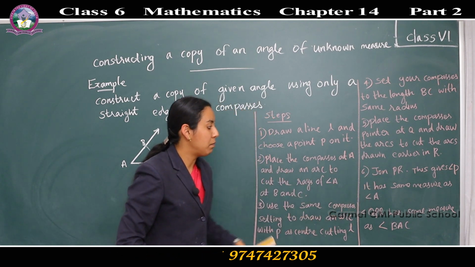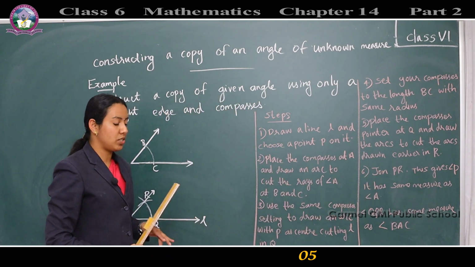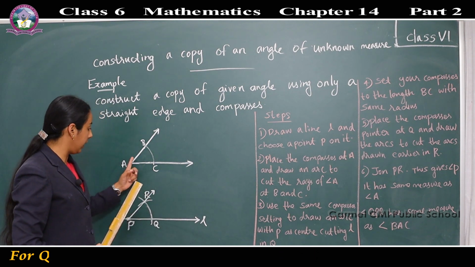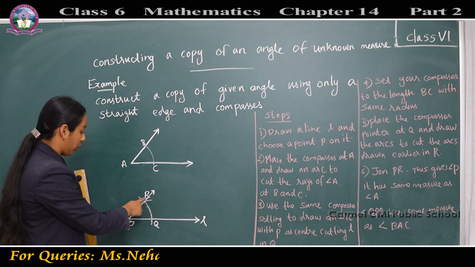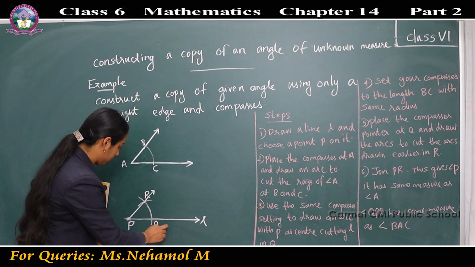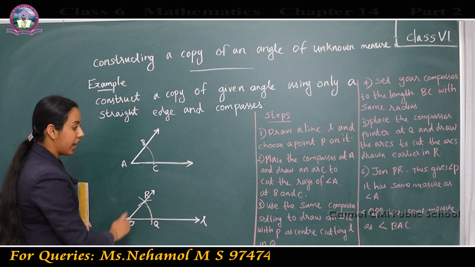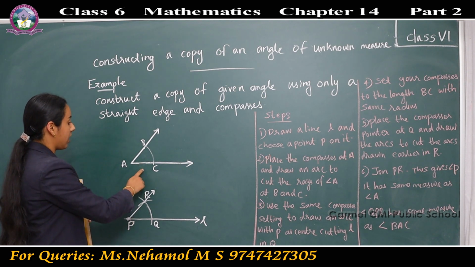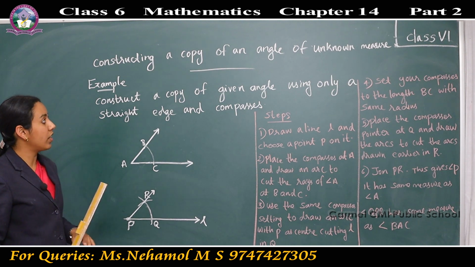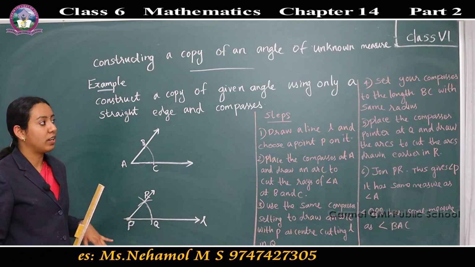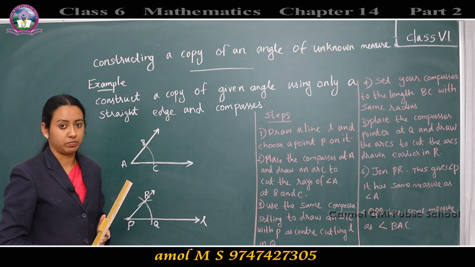This gives angle P. It has same measure as angle A. So, angle QPR has same measure as angle BAC. So, this way we can construct a copy of an angle of unknown measure.